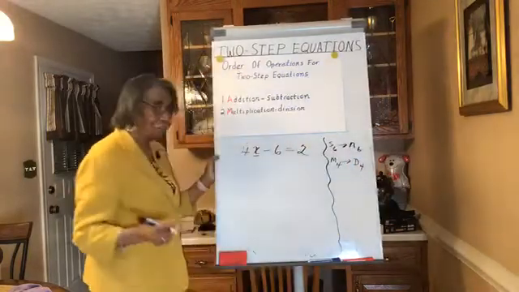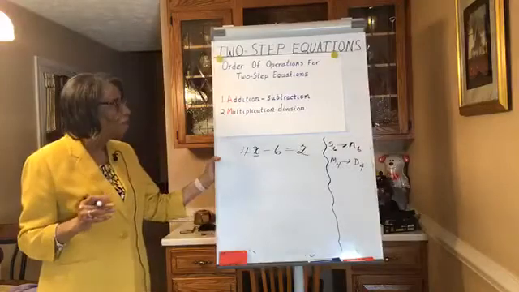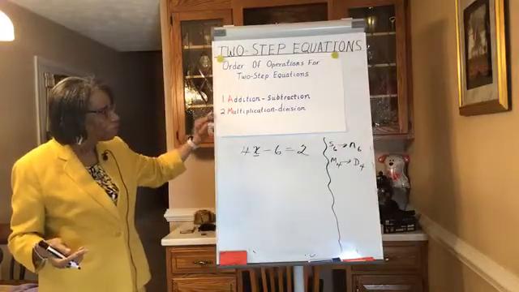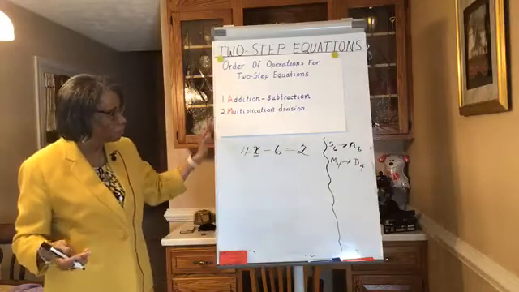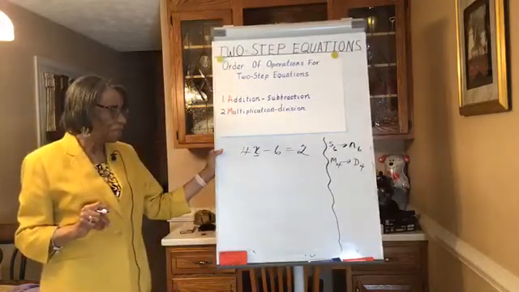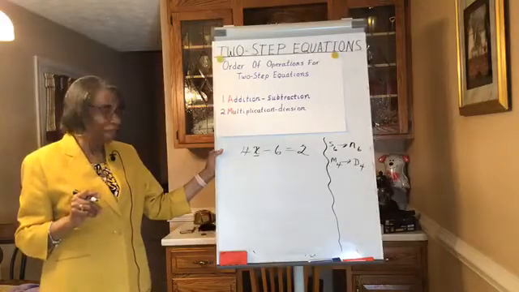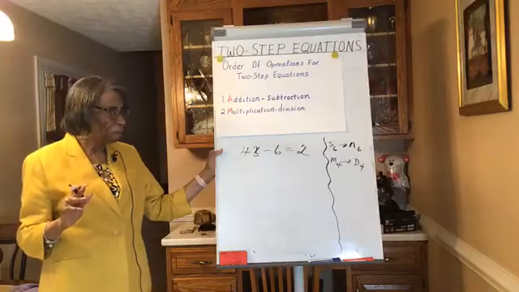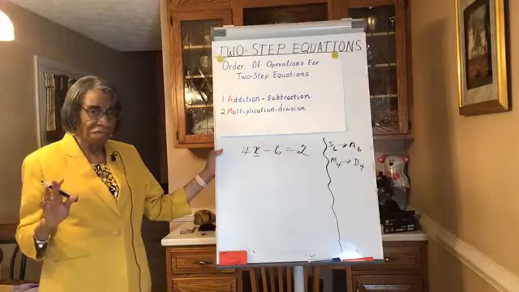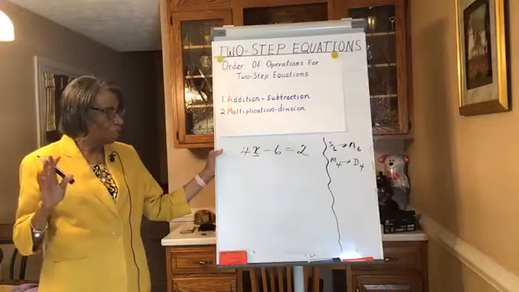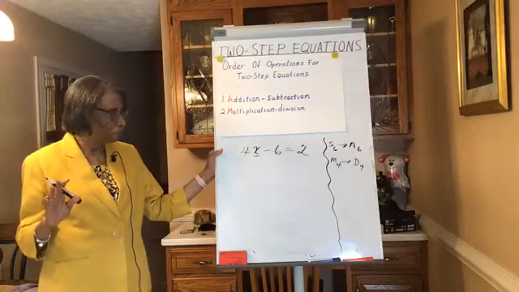All right, so this is the thought process that you have to have. Now, which do I do first? I do the addition and then the division. All right, so I'm going to let you do that for a moment. And then I'm going to come back and work with you. Remember, you only do one step at a time.